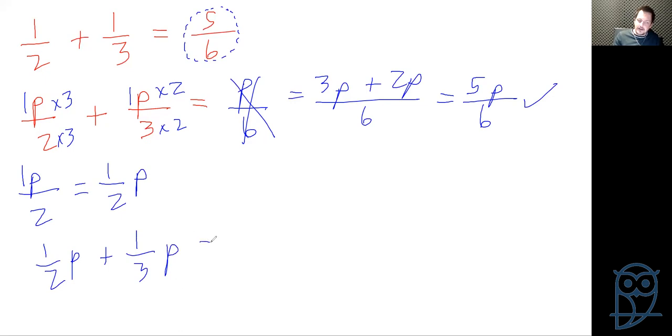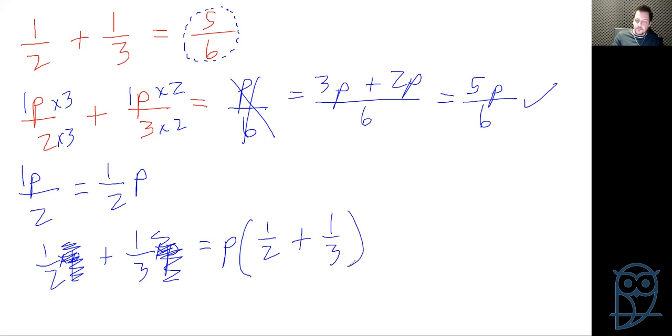And we can take out a common factor of p here because these two things are being multiplied. And if I take out a p, what must I do? Well, I eliminate it from my one fraction and my other fraction, and then I write down what is remaining. Well, it's a half plus a third. And this in the brackets is a far easier calculation to do because this is just numbers now. And we already solved this.